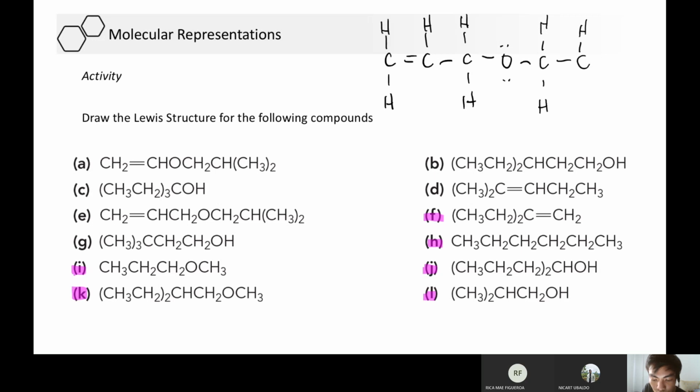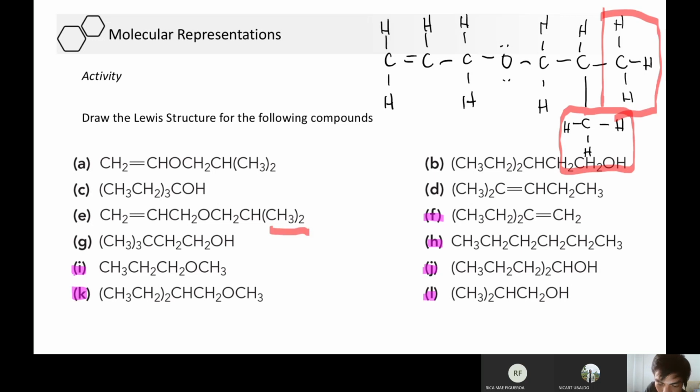Tapos sa dulong CH, may nakadugtong na dalawa pang CH3. So, CH3, CH3. Highlight natin yung dalawang CH3 sa dulo. Then, ito yung portion ng double bond. So, ganun lang.